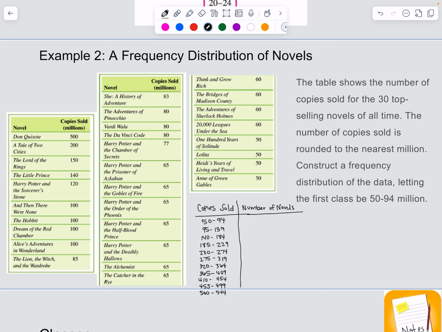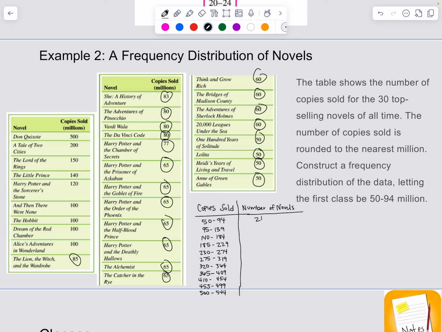Okay. Now we'll put how many we see in each class. So in between 50 to 94, we go through and find how many fall under this 50 to 94 category. Okay, we have 21.